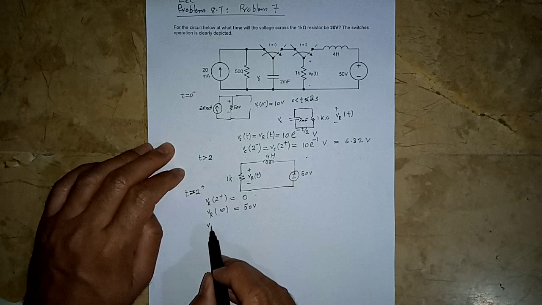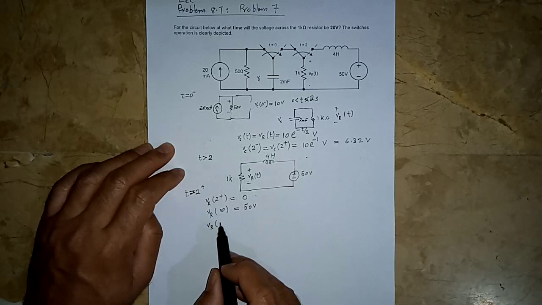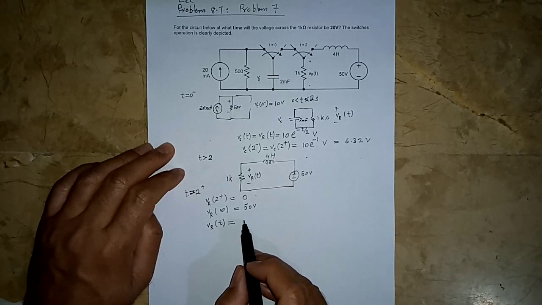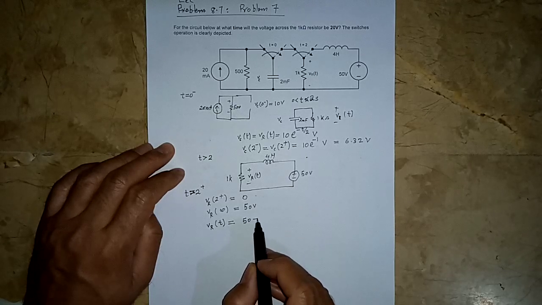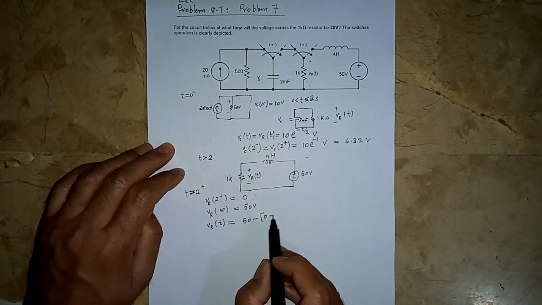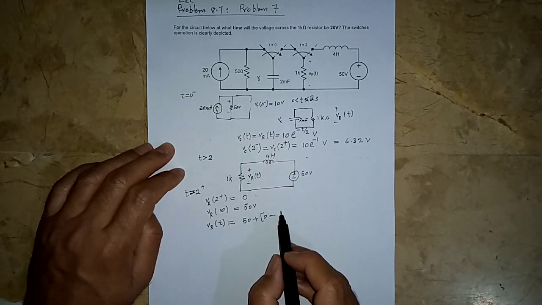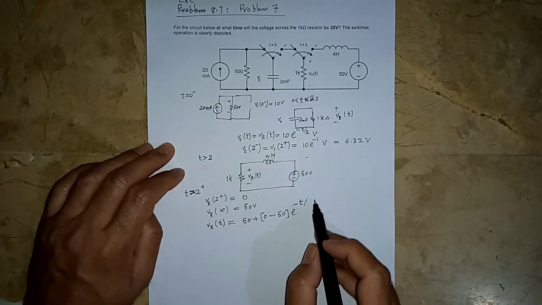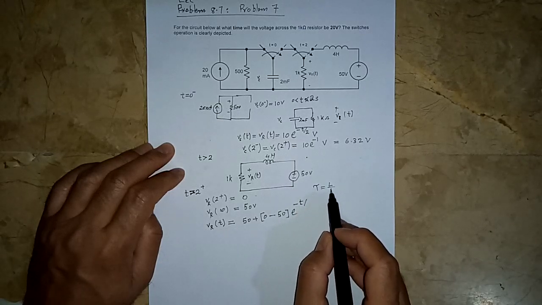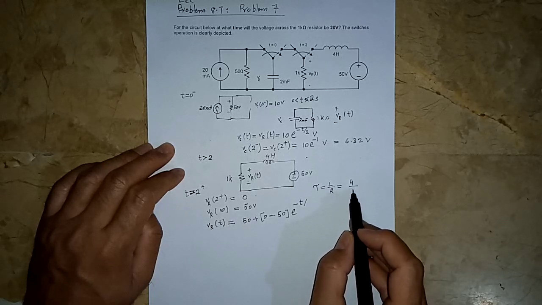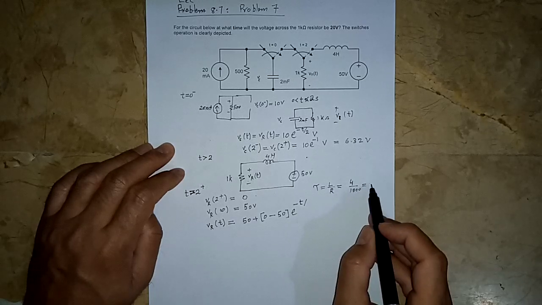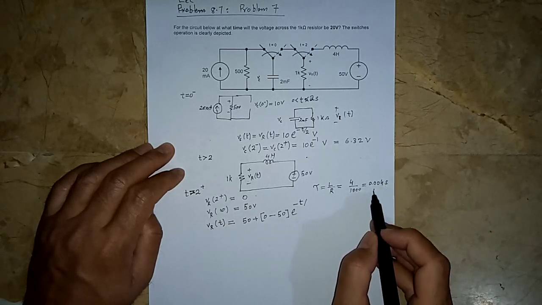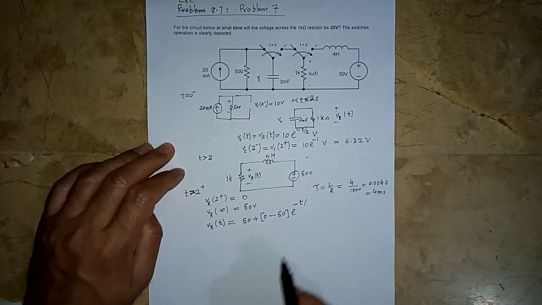So basically using the general solution, we are going to write the expression for VR(t), and it will be the final value plus minus the final value times e raised power minus t over tau. Tau in this case would be L over R, and L is 4 Henry and R is 1000. We are going to get 0.004 seconds, or 4 milliseconds, for tau here.